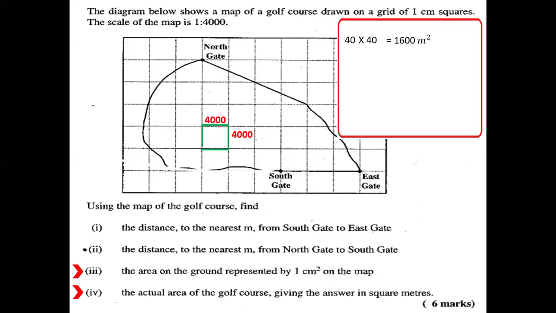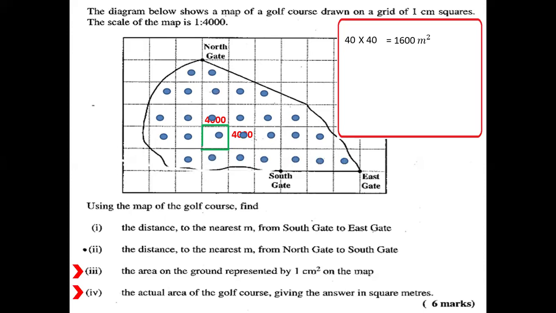Finally, the actual area of the golf course, giving your answer in square meters. All right, so 1 square alone is 1,600. Now, we're going to apply counting of squares in this question to get an estimate of that. So we have 1 square there, 2, 3, 4, 5, 6, 7, 8, 9, 10, 11, 12, 13, 14, 15, 16, 17, 18, 19, 20, 21, 22, 23, 24, 25, 26, 27.